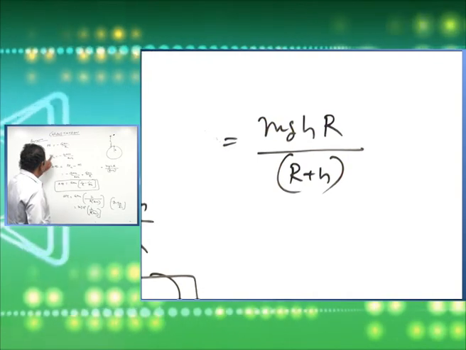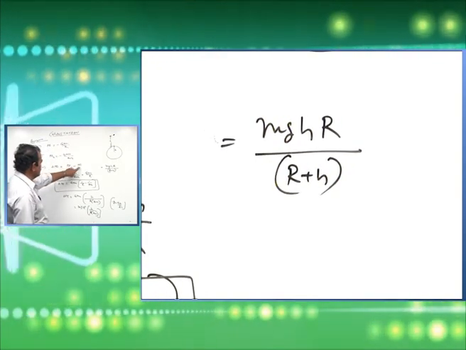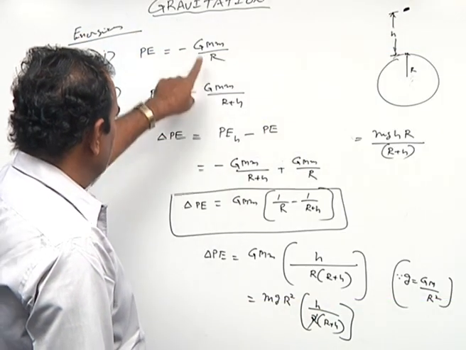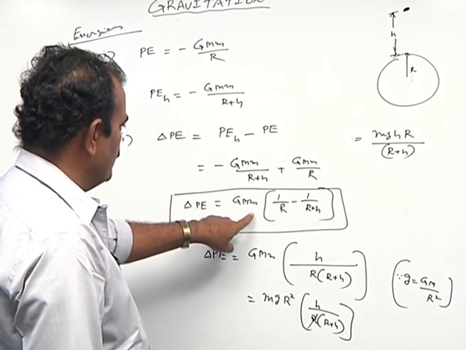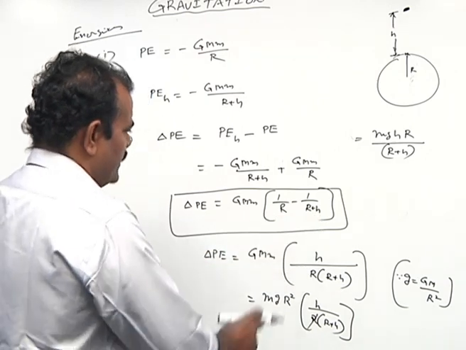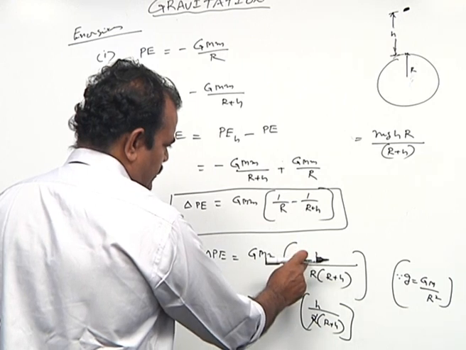So now this is the final delta PE. Delta PE is equal to PEH minus PE, that is minus GMm by r plus h plus GMm by r, and delta PE is equal to GMm of 1 by r minus 1 by r plus h. Here we are taking the LCM, that is r of r plus h, then only h remains.